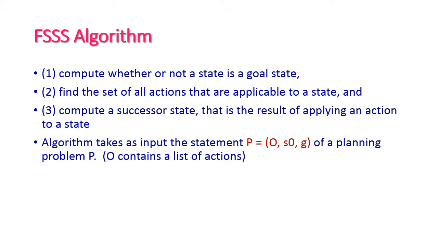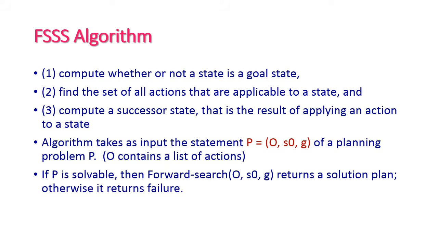And this algorithm takes an input statement P of O, S0, G, where capital O is a list of all possible actions, S0 is the initial state and G is the goal state. If P is solvable, then forward search returns a solution plan, otherwise it will return failure.